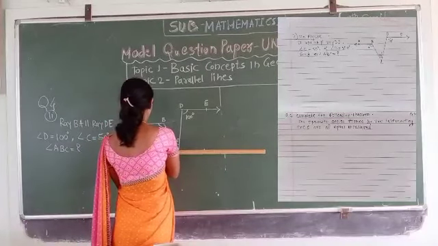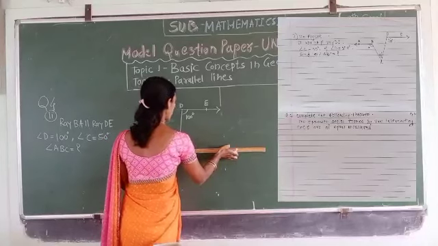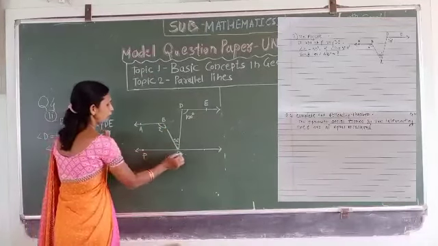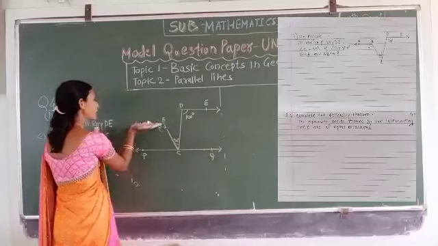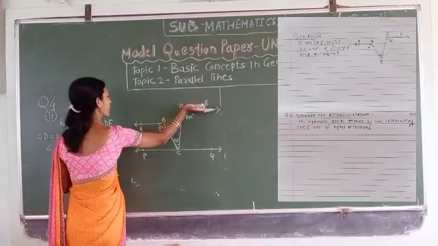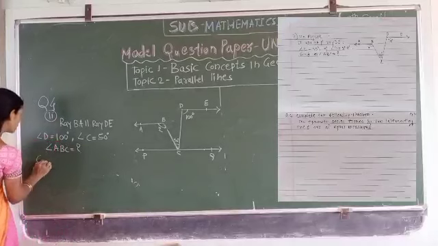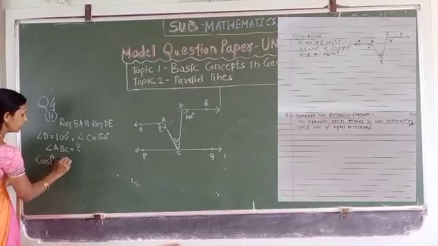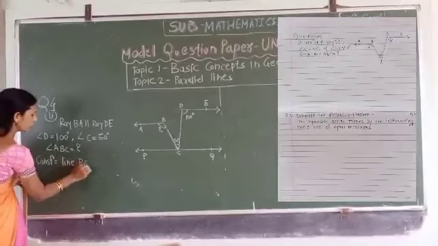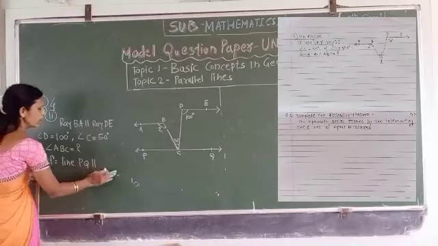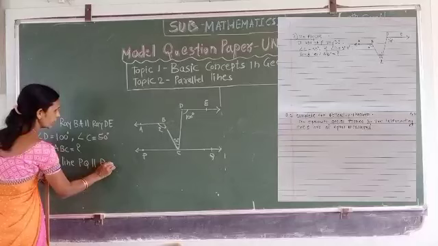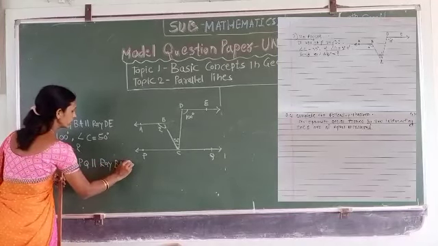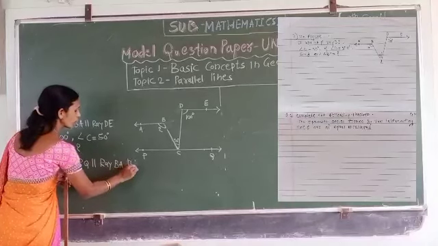That is the construction which is done here: we have to draw the line PQ which is parallel to ray AB as well as ray DE. Line PQ is drawn parallel to ray BA and parallel to ray DE.